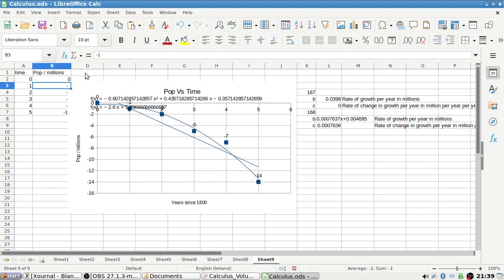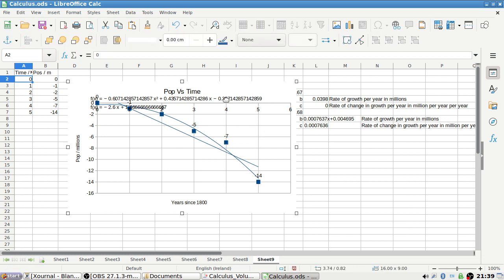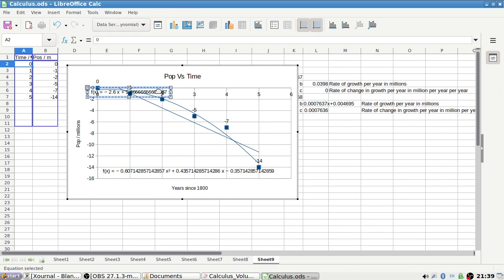Time and position. Can I move you? Okay, put you here, and I'll put you here, and then this is position versus time.